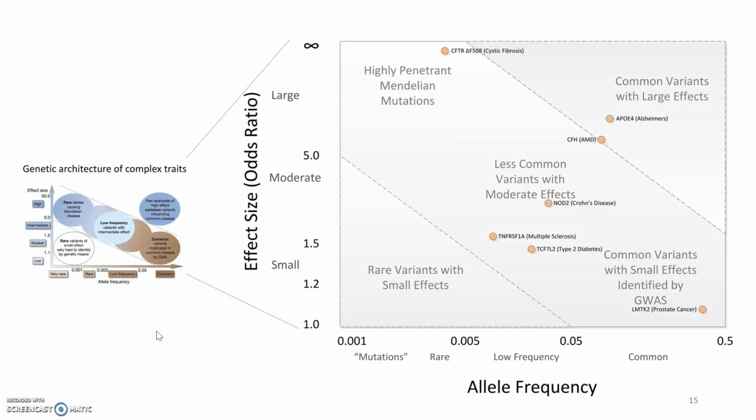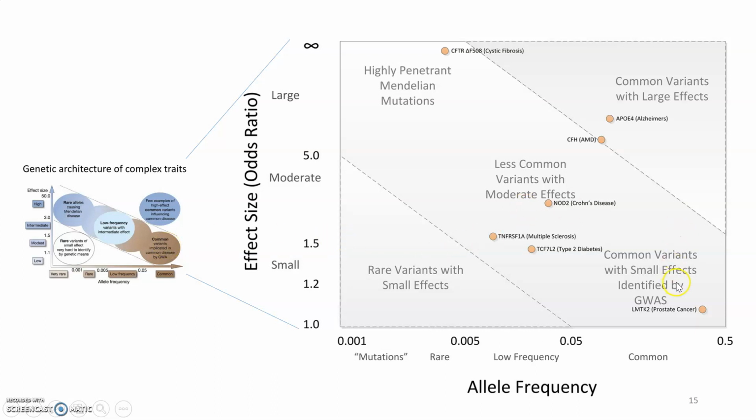And so remember our discussion about this idea of genetic architecture and complex traits. For our rare alleles, we use whole exome sequencing and whole genome sequencing, and for our more common alleles, we use the DNA microarray to perform a genome-wide association study.